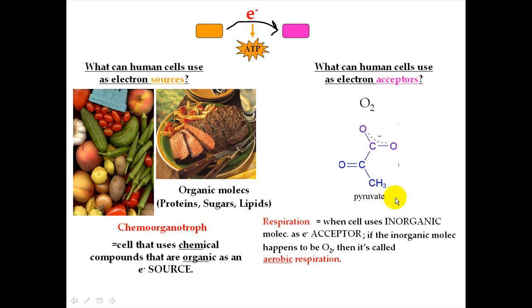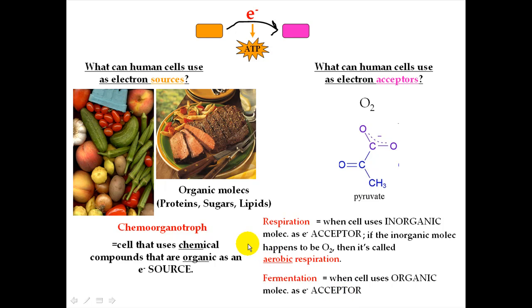The term used to describe a cell that's using an organic molecule as its final electron acceptor is fermentation. So if a cell is using something like pyruvate as its electron acceptor, then it's said to be doing fermentation. Again, fermentation is when a cell uses an organic molecule as its electron acceptor.